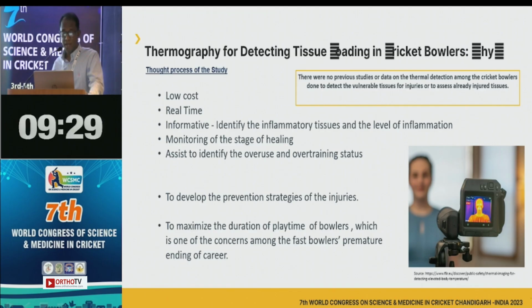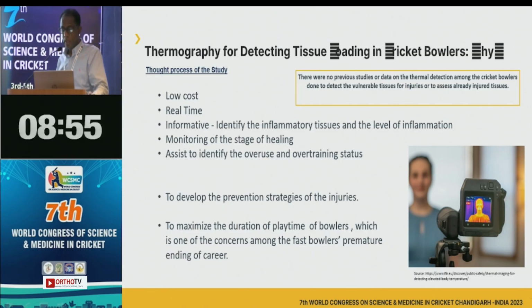Also, you can do real-time capturing of images when you go into your training field or the ground. Of course, you can identify the inflammatory tissues and the level of inflammation with a certain degree of information, but I would not say it is as specific or highly sensitive as MRI or the other techniques. But as a simple and very usable tool, you can even use it to monitor the healing process by taking serial images.